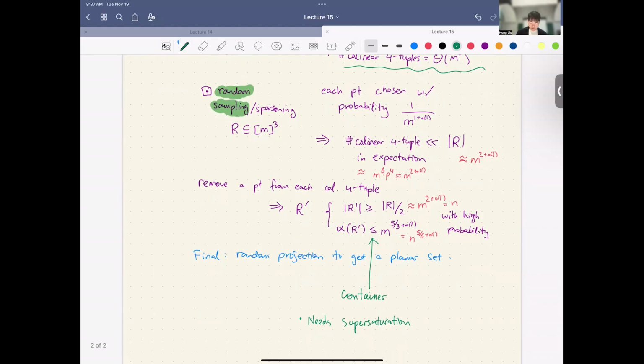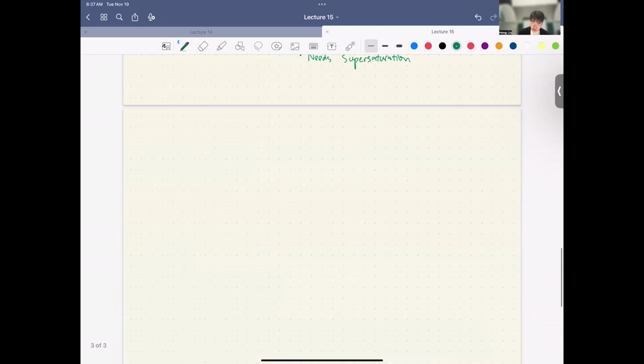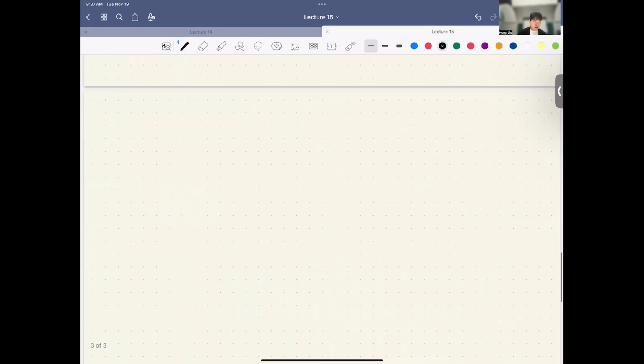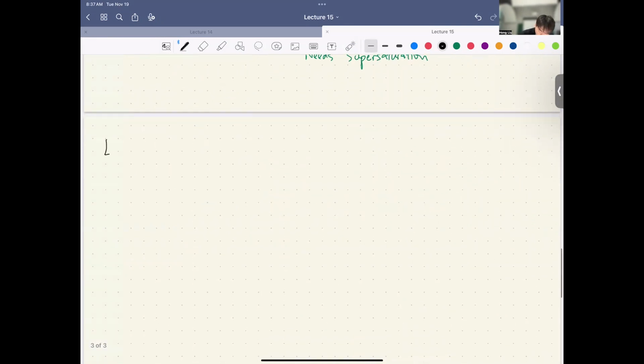Let's see this proof. Some basic geometric statement. So the first thing, let's upper bound the number of collinear four tuples. Some preparation is Lemma 1.